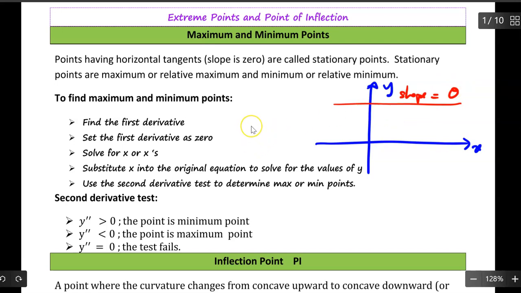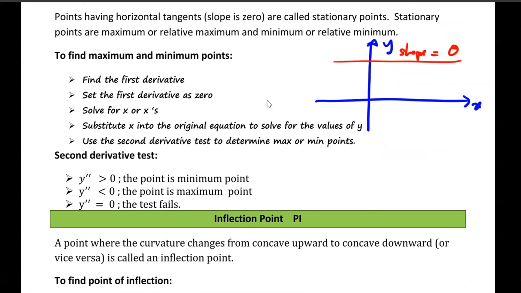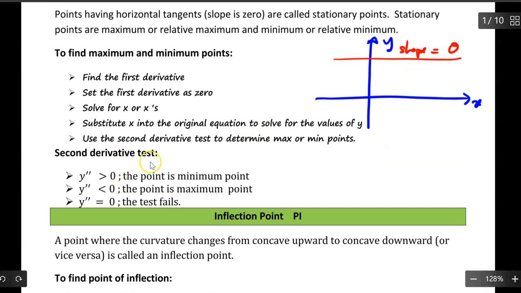Okay. So after you set the first derivative equal to 0, you solve for x. And after finding x, you substitute that x into your original equation to solve for y. And how do you know whether you have a maximum or a minimum point? You have to identify them by using the second derivative test.